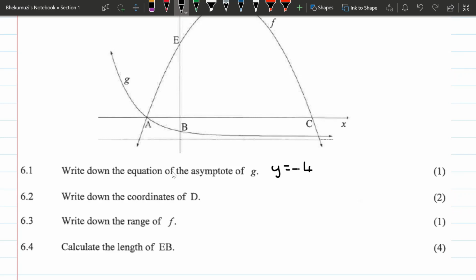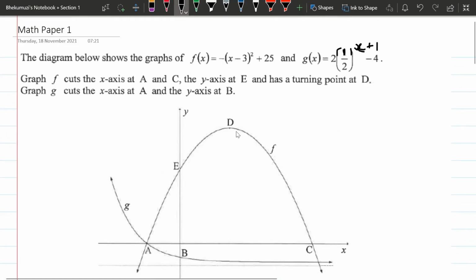Then the next one, 6.2, says write down the coordinates of D, right? Now when we're looking for the coordinates of D, this has to do with the turning point. D is the turning point of the parabolic function. But what do we know about parabolic functions and their formulas?